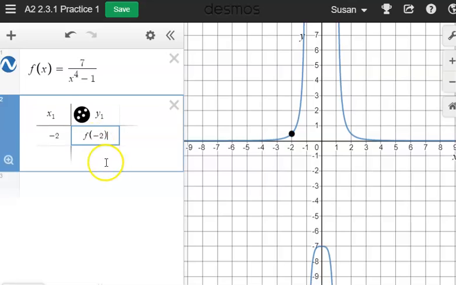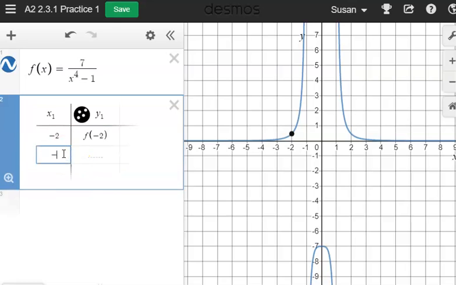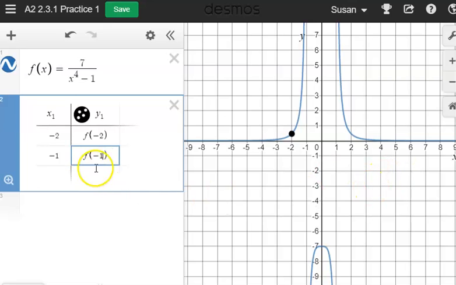Will it let me do that? Yeah. So that works, but let's do negative 1. I'm going to do f of negative 1. And you're not getting any point on the graph. It's not showing you that value. It's not there. All right, so we can actually see 2 vertical asymptotes here.